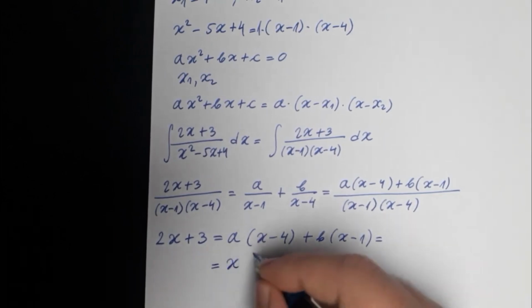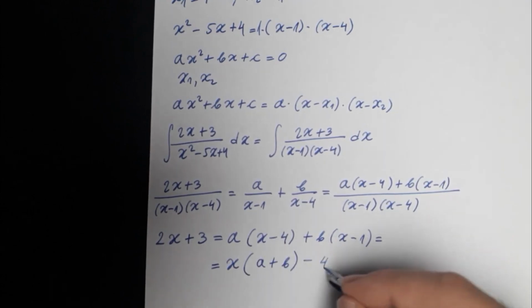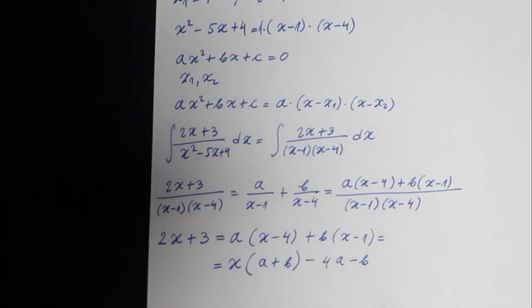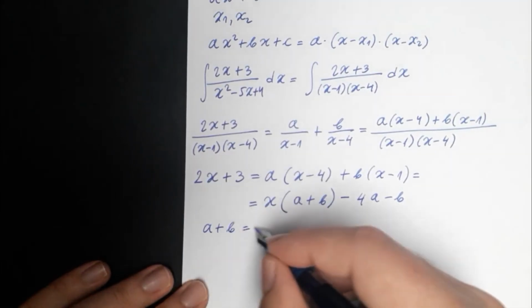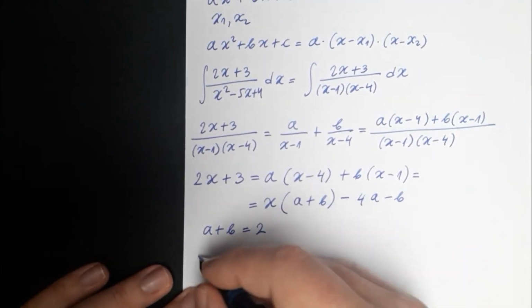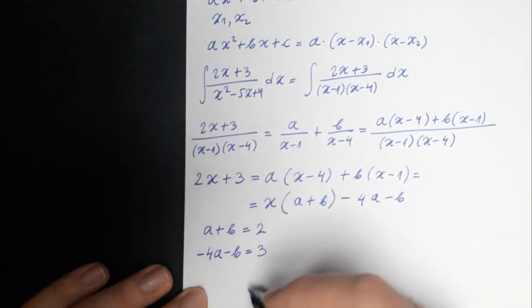If we take x as common, we get a plus b, and the remainder is minus 4a minus b. Now we have that a plus b is equal to 2, and that minus 4a minus b has to be equal to 3.